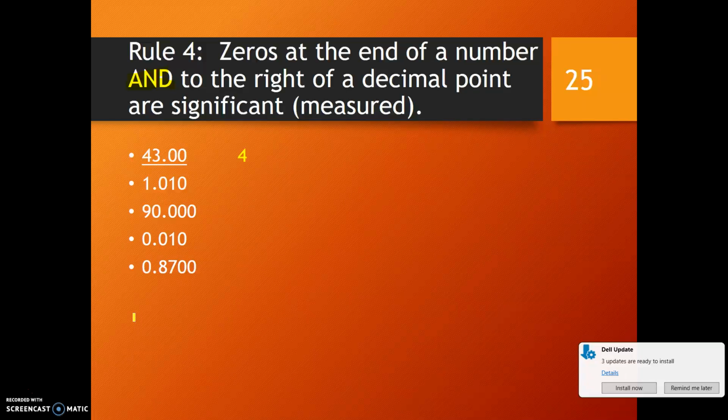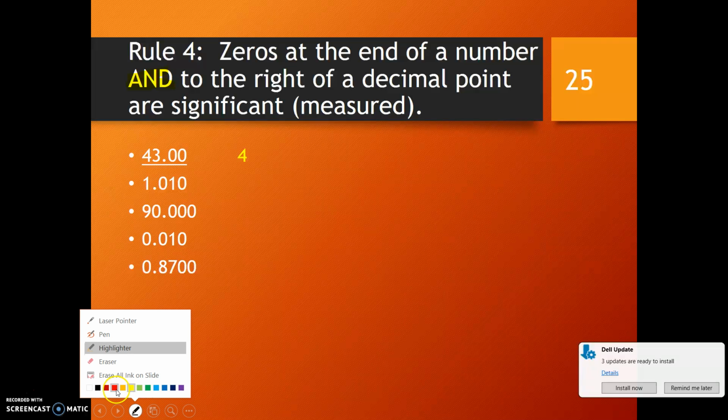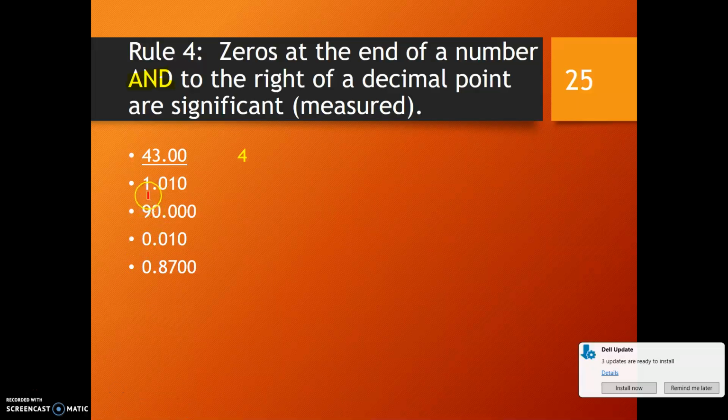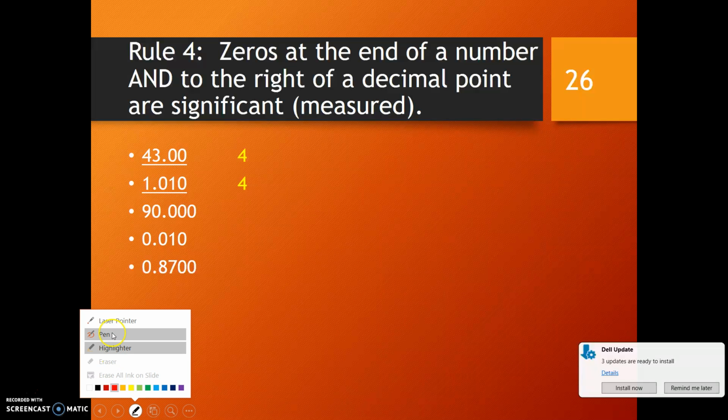So the 4, the 3, the 0, and the 0 are significant. Looking on to the next one, in 1.010, all of those digits are considered to be measured, so you would have the 1, the 0, the 1, and the 0 here all considered measured, so that one would have 4 significant figures. Looking for a better pen here.